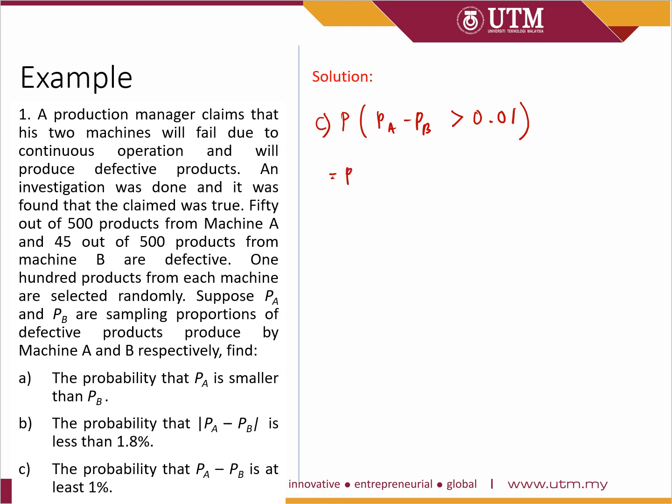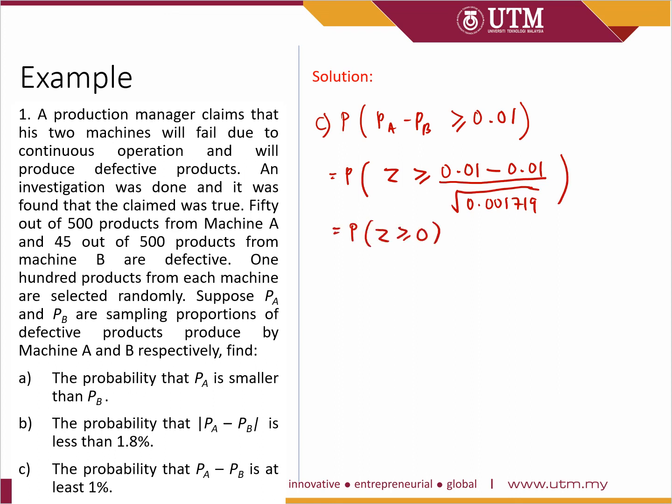We can apply the standard normal distribution: z greater than or equal to 0.01 minus the mean, divided by the standard deviation, which is z greater than or equal to 0. So it is half of the graph, which means it equals 0.5.